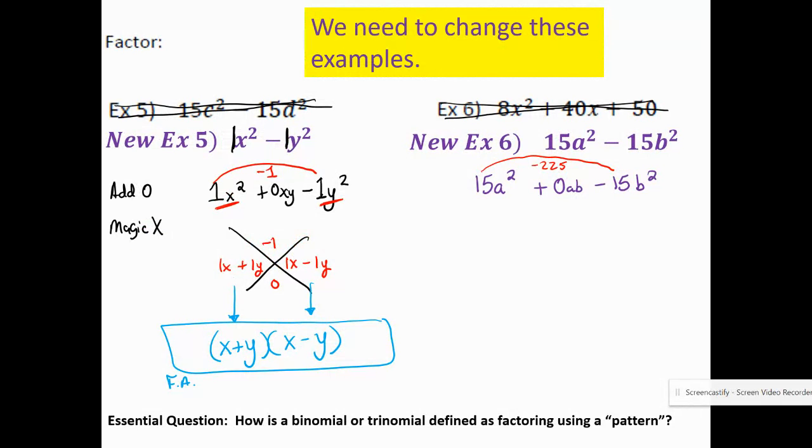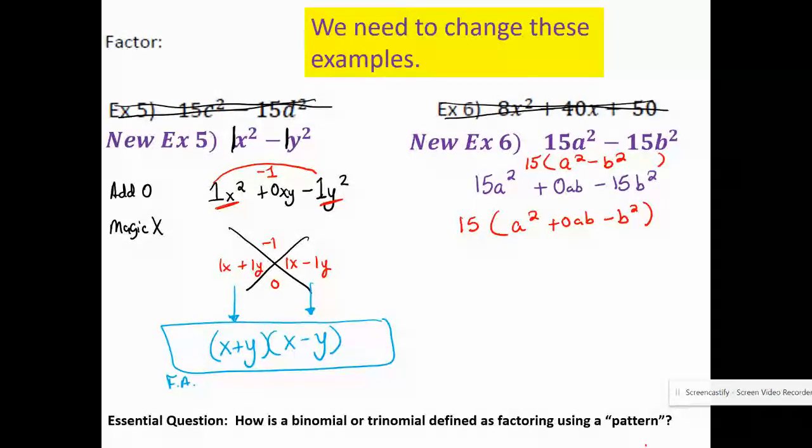And I think you can see the GCF. It's right here. See the 15? So we're going to have to factor out a 15. Okay, so we have a GCF of 15 here.